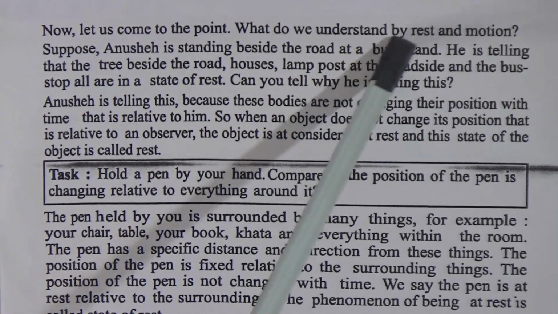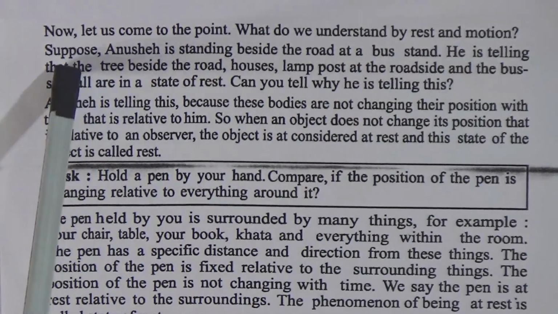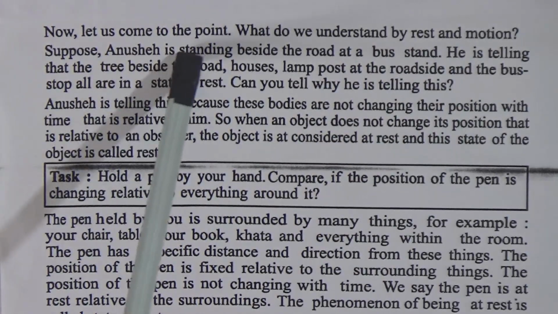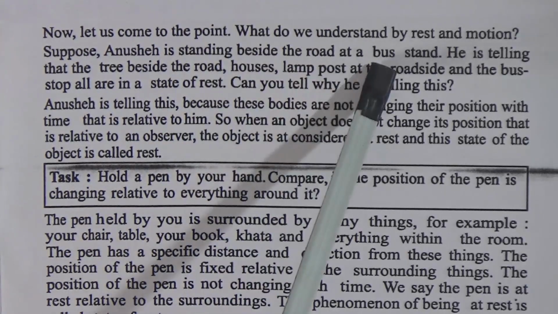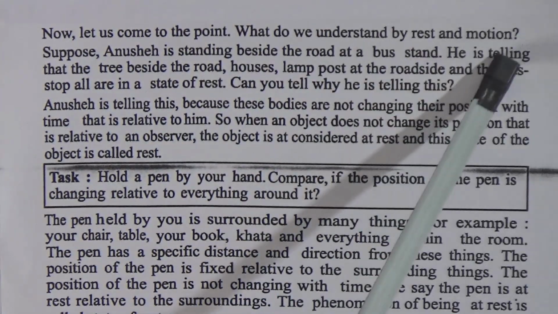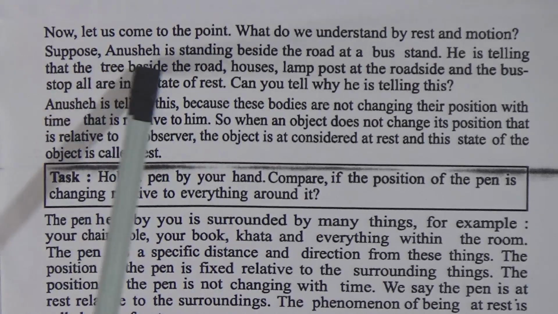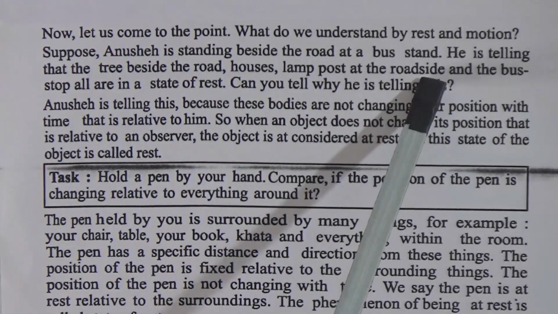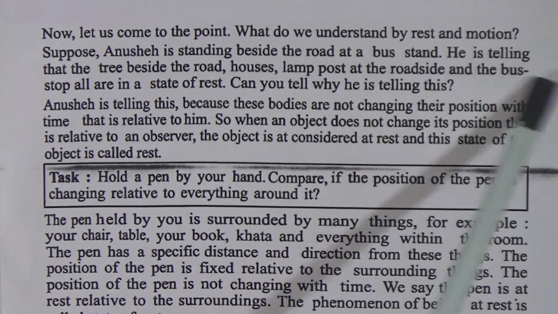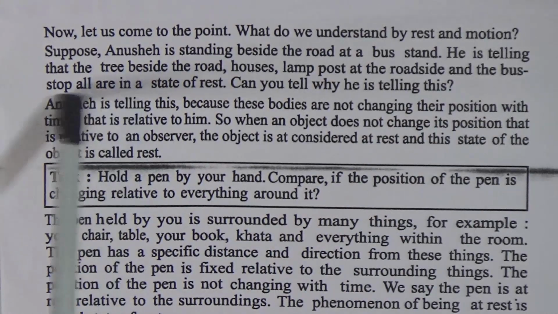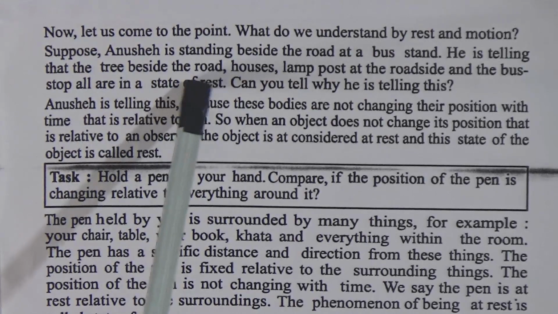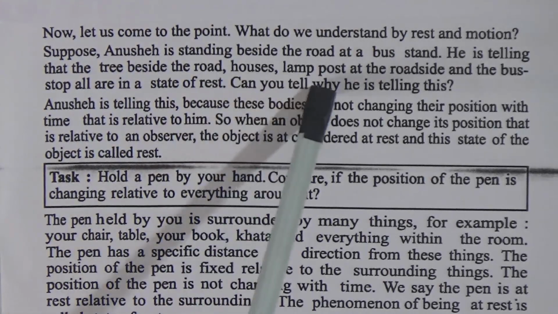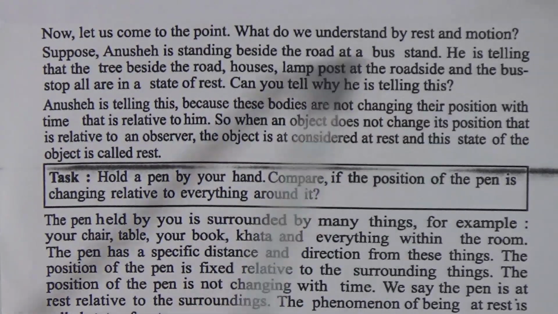What do we understand by rest and motion? Suppose Anushe is standing beside the road at the bus stand. He is telling that the tree beside the road, houses, lamppost at the roadside and the bus stop all are in a state of rest. Can you tell why he is telling this?